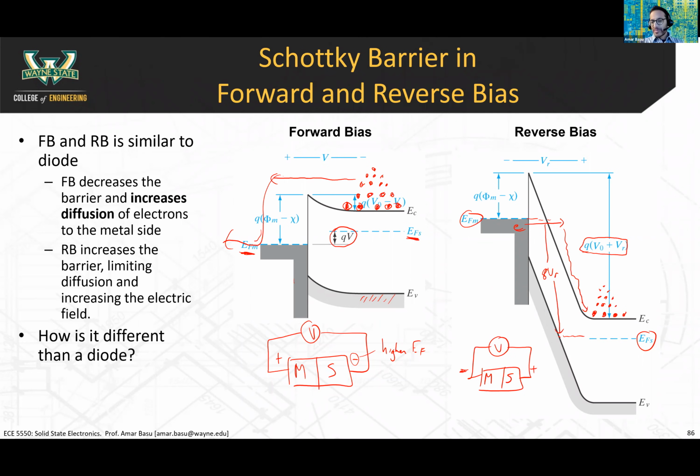I suppose if you applied such a huge potential that E0, if E0 appeared here on the diagram, if you applied a very, very large potential such that the E0 state was actually below the Fermi level of the metal, maybe. I see.